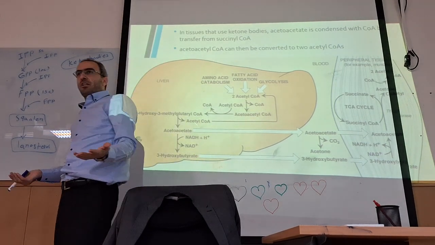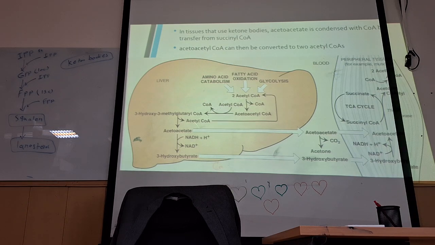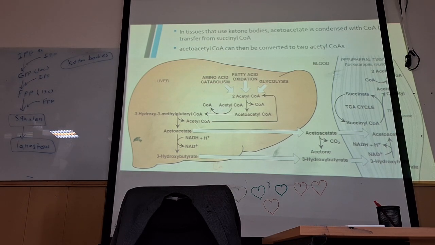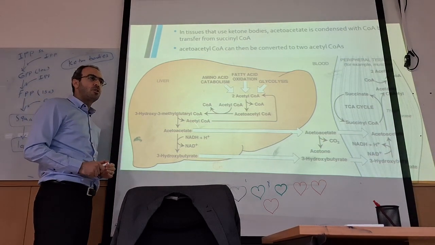When we do ketogenesis, when we fast, because our body doesn't have enough energy, it starts to produce energy from any kind of source. One of the best sources of energy is the ketone bodies, which are synthesized in the liver.